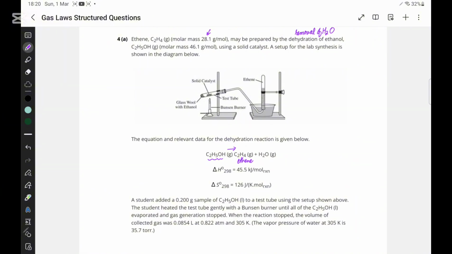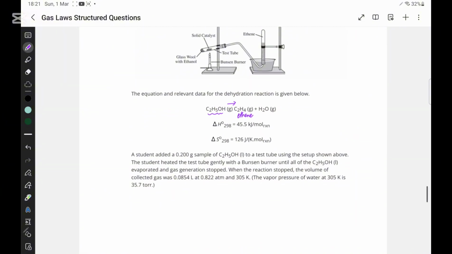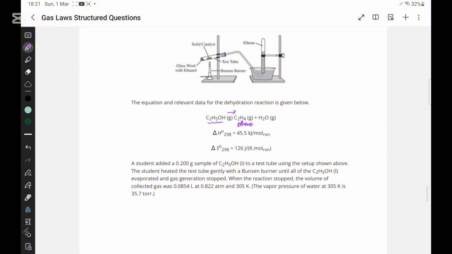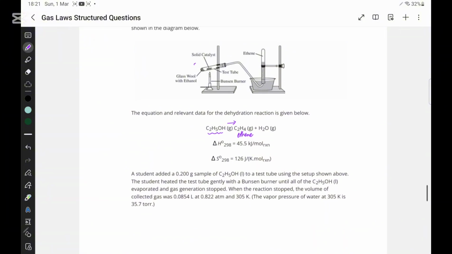A setup for the lab synthesis is shown below. A student adds 0.2 gram sample of ethanol to a test tube using the setup shown above. So they have added ethanol here, and they have heated ethanol, and what is going to happen, ethene has been collected here along with water vapor.